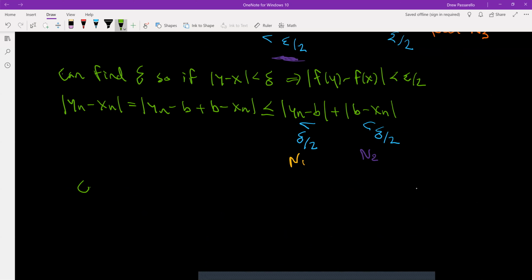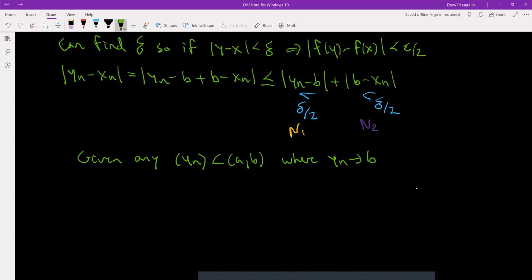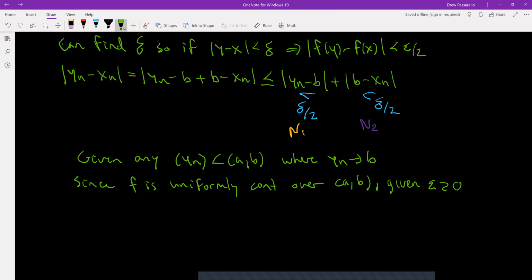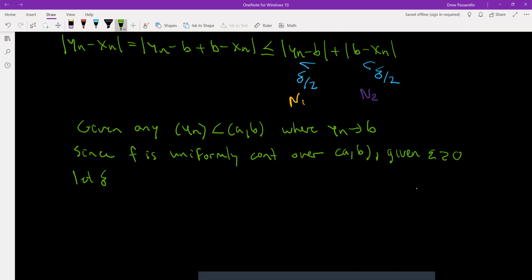So given any sequence yn in (A, B), where yn converges to B, since f is uniformly continuous over (A, B), then given any epsilon, let delta be such that if the absolute value of y minus x is less than delta, then the absolute value of f of y minus f of x is less than epsilon over 2.